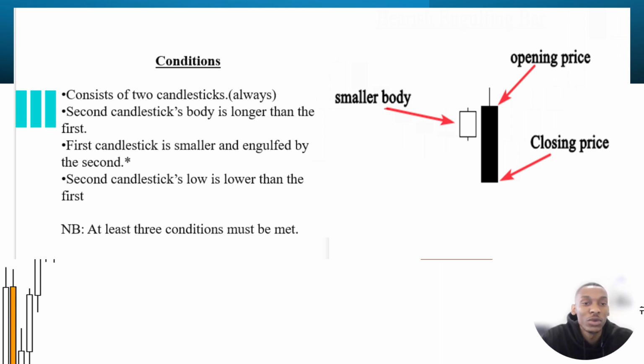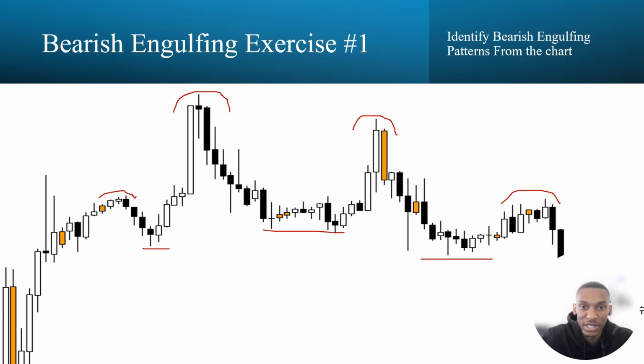Guys, if you forgot what a low, an open, or a wick is, please watch the first video on candlestick patterns, because I explained this there. So I want you guys to pause your video here and try to identify bearish engulfing patterns before I give you the solutions.